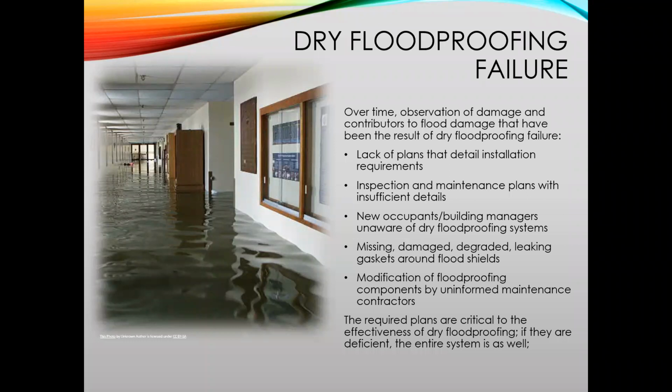Ownership of the building could change, and then some people were just totally unaware of the dry floodproofing system. You could have missing or damaged elements, or modification of these components by uninformed maintenance people who could unknowingly adjust something, and then the active measure will not install.